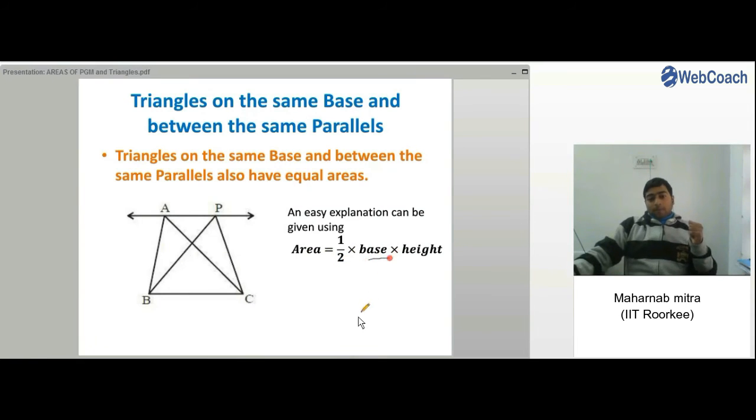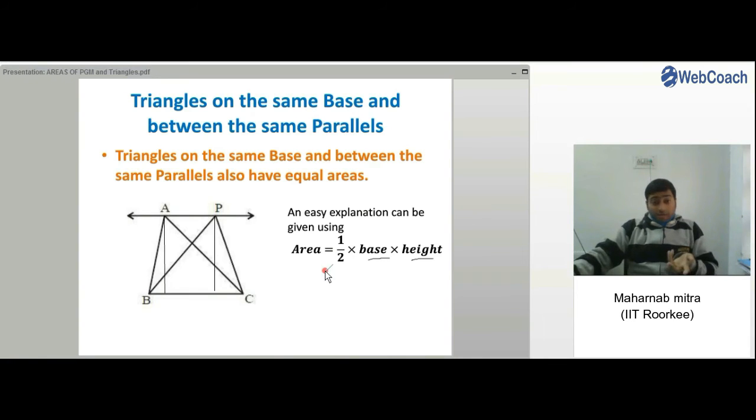Now the base is same for both of them, right? But if we consider the height, the heights are from A to BC and from P to BC, right? And for two parallel lines, the height is always constant.